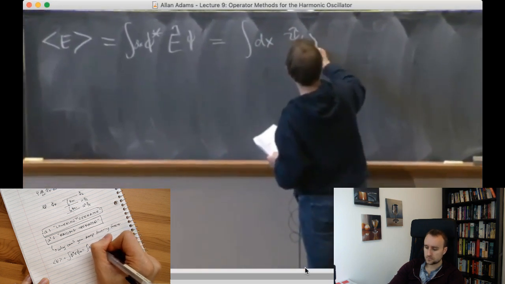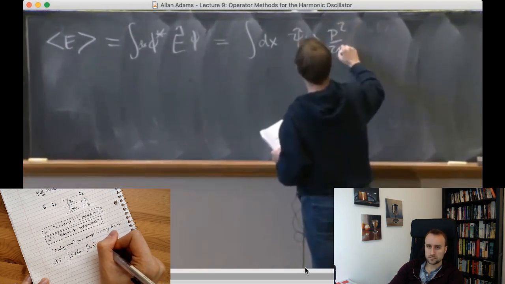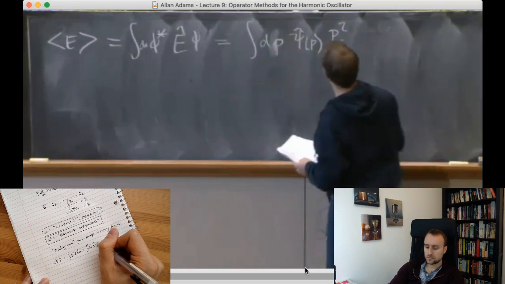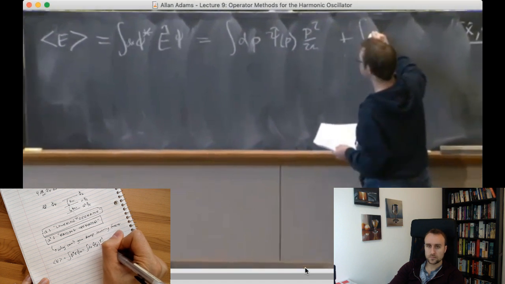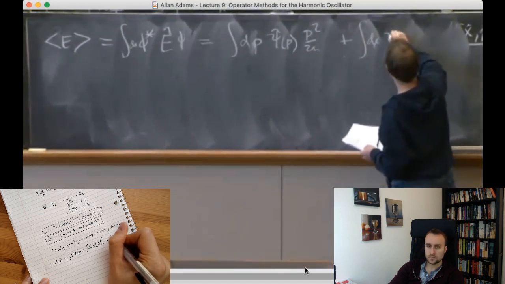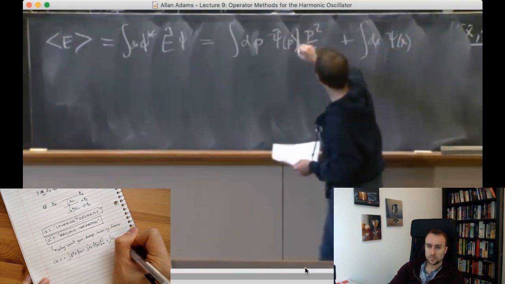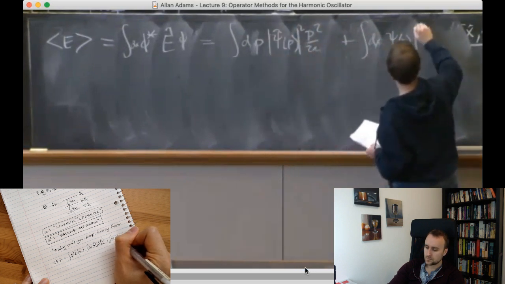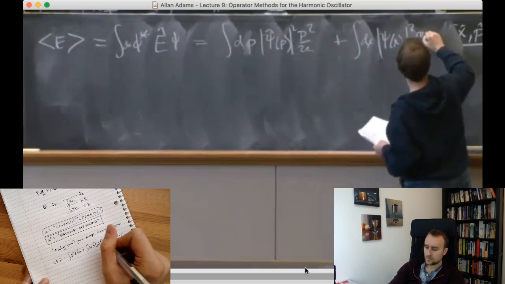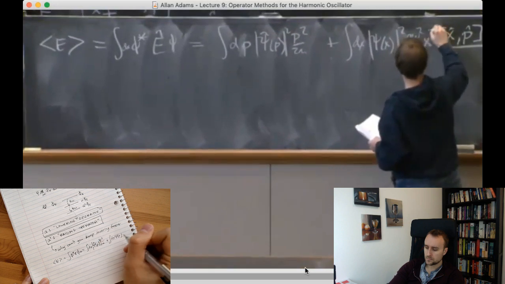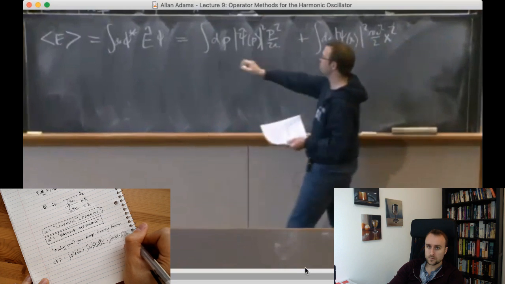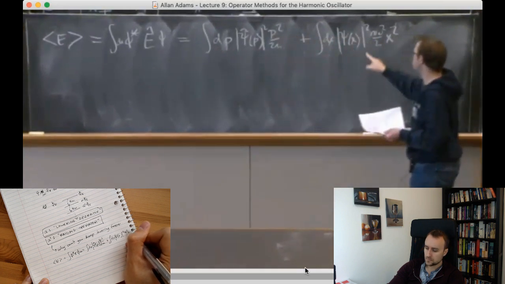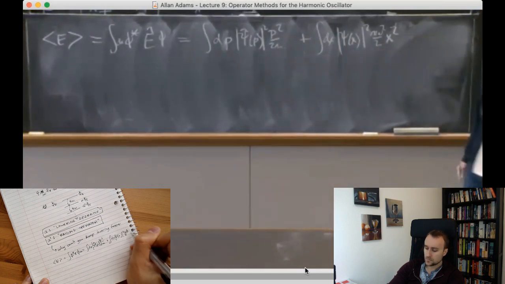The integral of psi tilde of p squared upon 2m dp for the kinetic energy term, plus, and now I'm using the harmonic oscillator, the integral dx of the norm squared of psi of x times m omega squared upon 2 x squared. A little bit of a quick move there, doing the Fourier transform for the momentum term and not for the other, but it's okay. They're separate integrals. I can do this.